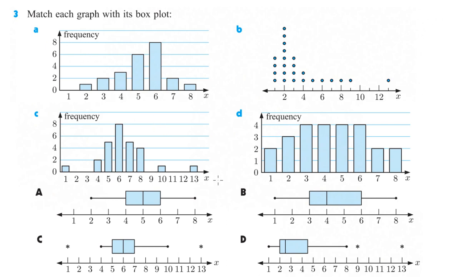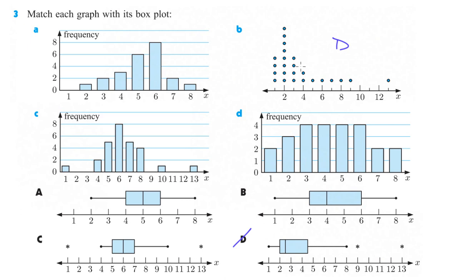You can really pick and choose here, but we've got a bunch of data that's all squished down at the bottom on, say, B. That means this is going to have a tight little window down at the bottom, so this is looking like D. Yep, and there's 13, our outlier, and 9's another outlier. So B is definitely going to go with graph D right here.